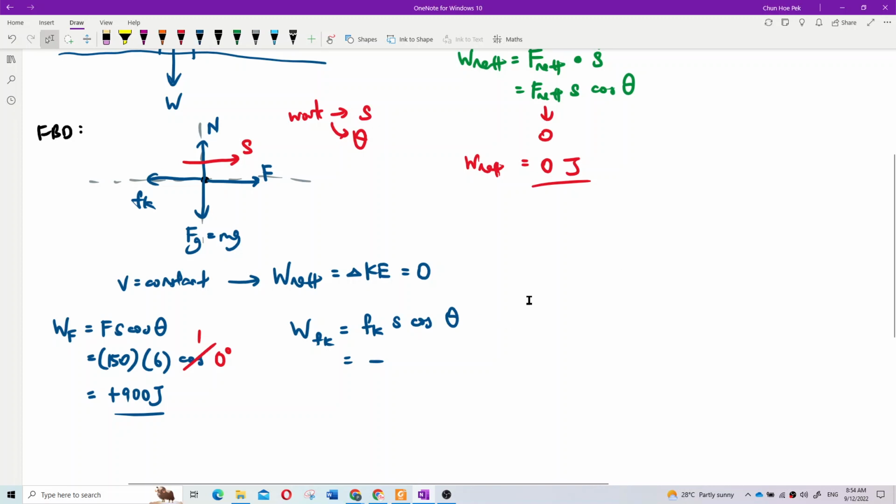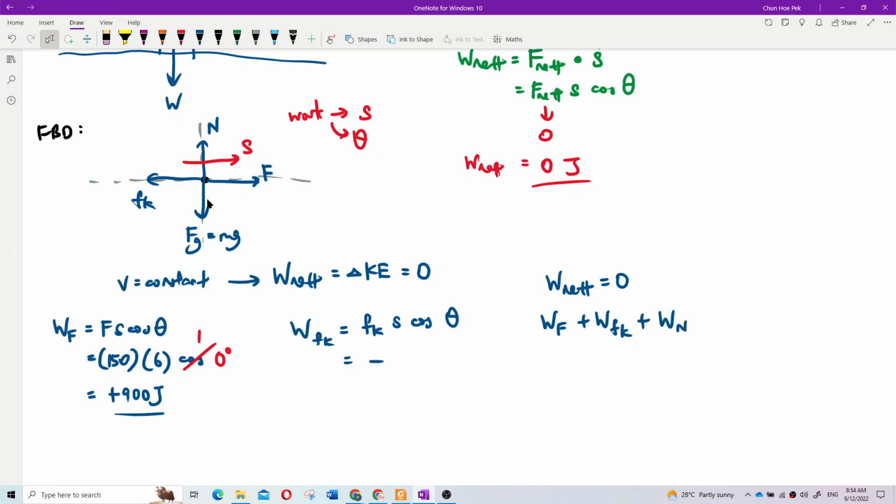Net work done is zero, because it is constant speed, right? So add up everything: work done by force F, work done by friction, work done by normal force, work done by gravity equals 0.